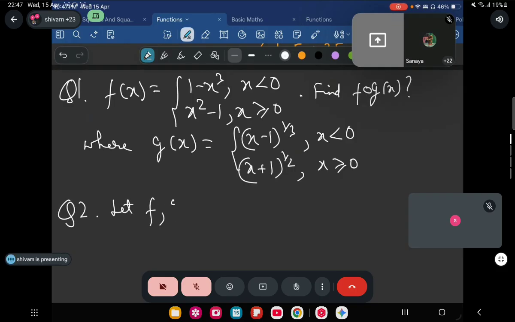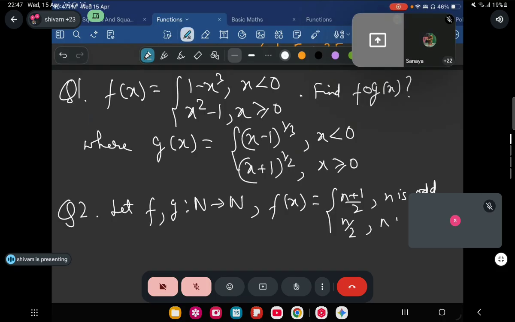Let f, g map N to N. N to N, where N is the set of natural numbers. f of n is equal to (n plus 1) by 2 for n odd, and it will be equal to n by 2 if n is even, where N is the set of natural numbers.